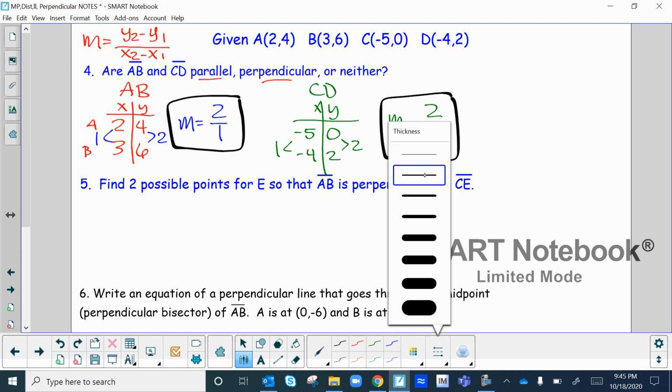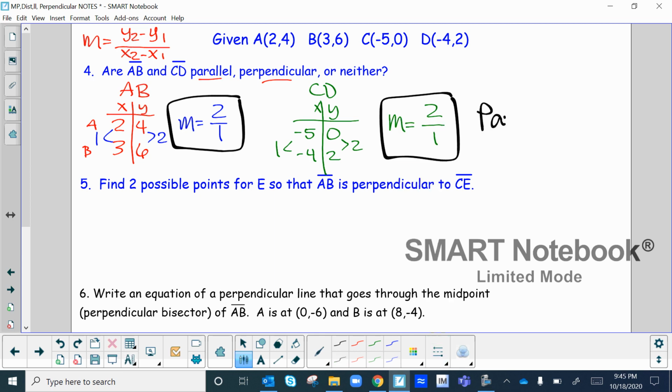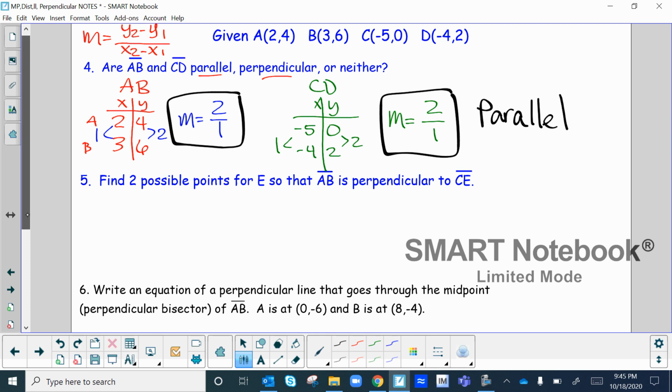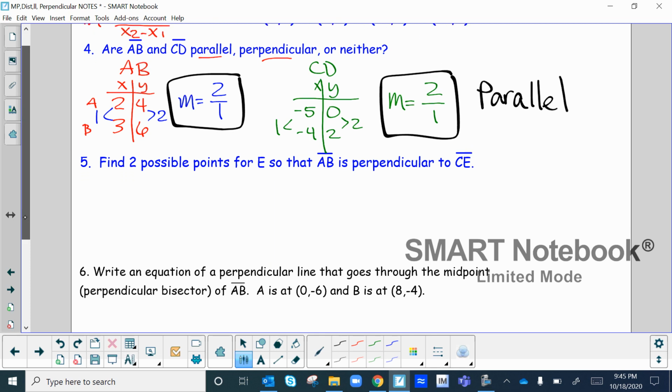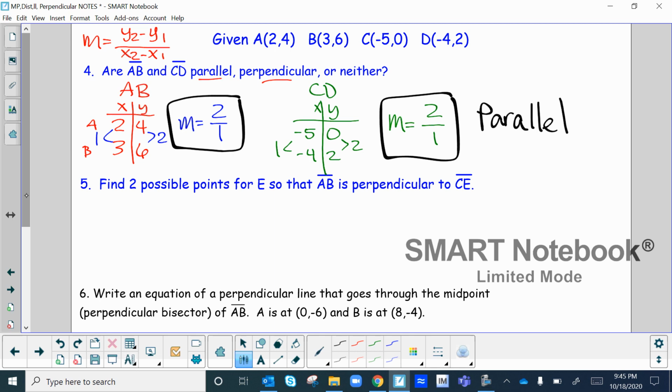So then that tells us that these 2 lines are parallel because parallel lines have the same slope. Okay, so again, you can use this formula up here, or you can write it in little table format and do the little change in y and change in x. All right, let's take a look at the next one. The next one says find two possible points for E so that AB is perpendicular to CE.